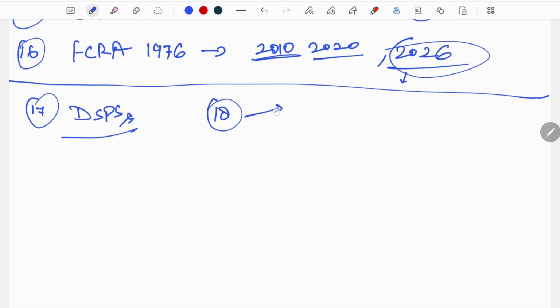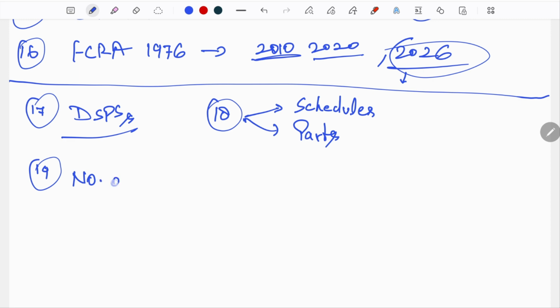So learn the schedules of the Constitution, parts, and major amendments also. Also look at the number of Lok Sabha and Rajya Sabha seats, at least look at them once, and try to remember for the states in which elections are going to be held in recent times, like Assam, Kerala, Bihar, West Bengal.